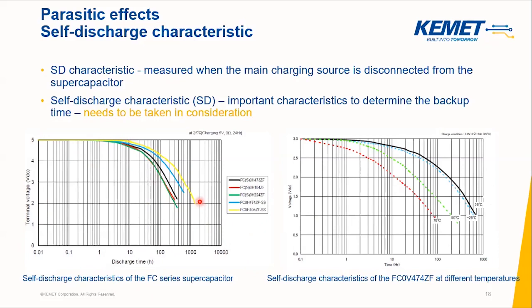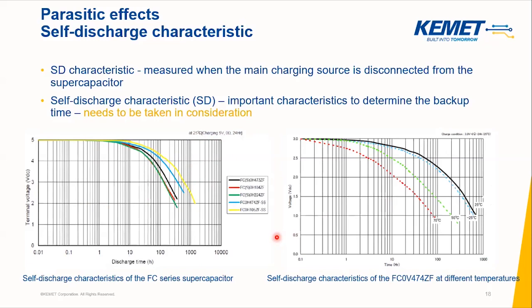Of course, this characteristic is also defined at a specific temperature, and we usually charge at the maximum operating voltage of the supercap for a specific number of hours. This time is also important in the self-discharging characteristic. So usually at KEMET, when we provide these graphs, we define it at 25 degrees and the charging time is 24 hours.